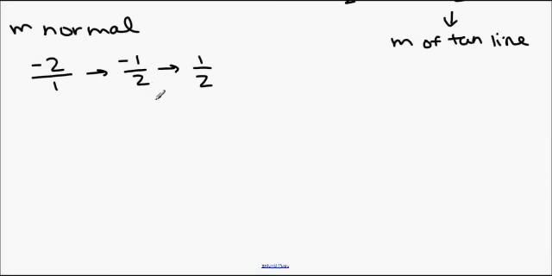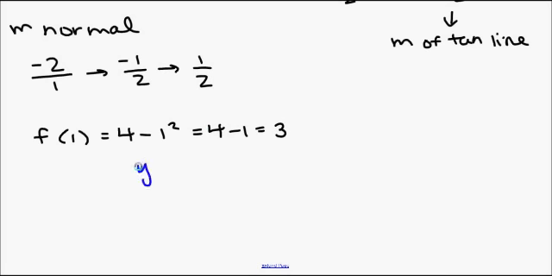We do know what point we're going through. It's at x equals 1. Let's figure out what y equals at that point. So f of 1 is 4 minus 1 squared, which is 4 minus 1, or 3. And we're going to use point slope form, y minus y1 equals m times x minus x1, to write this equation.